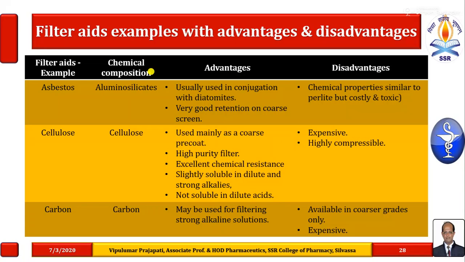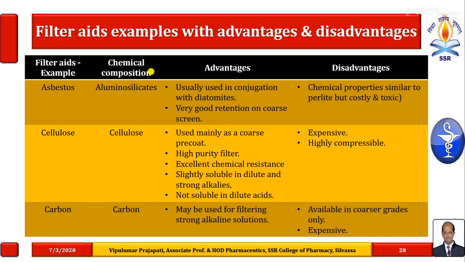Next, cellulose. The chemical composition: cellulose itself. Here cellulose derivatives are not utilized as filter aids. All cellulose derivatives are not used as filter aids. Only natural cellulose is used after purification. What are the advantages of cellulose as a filter aid?